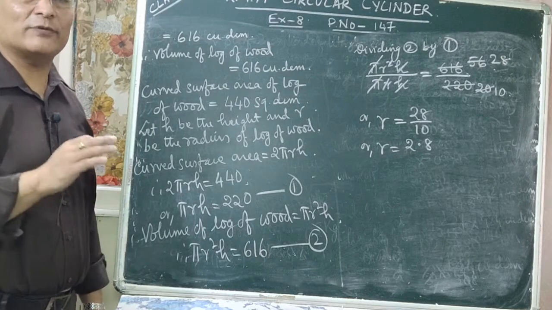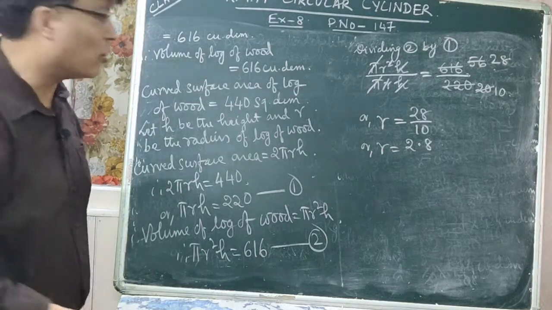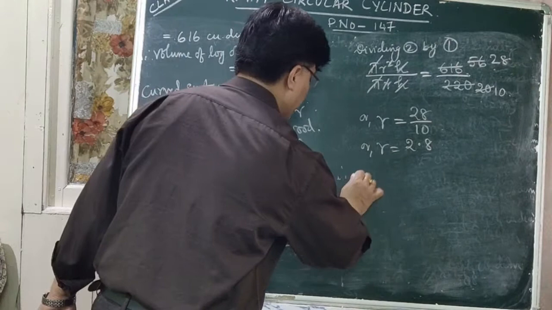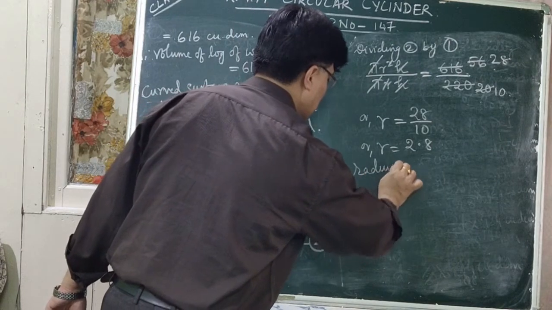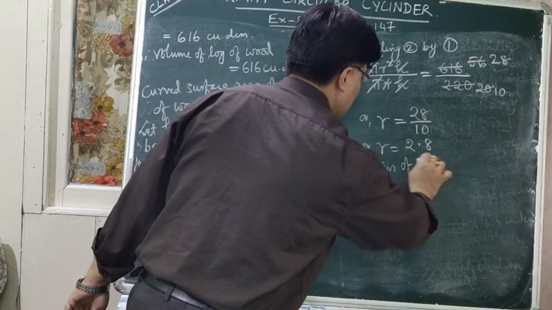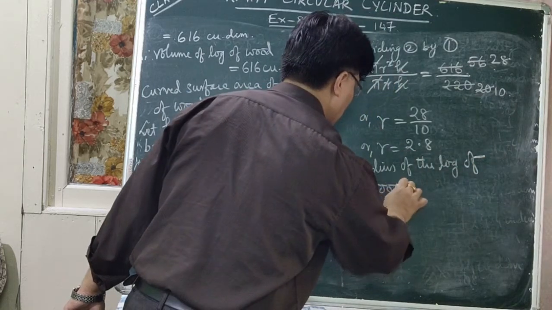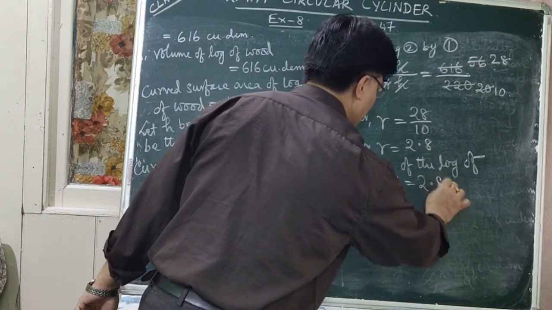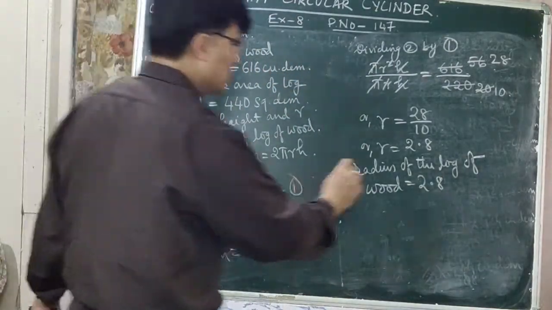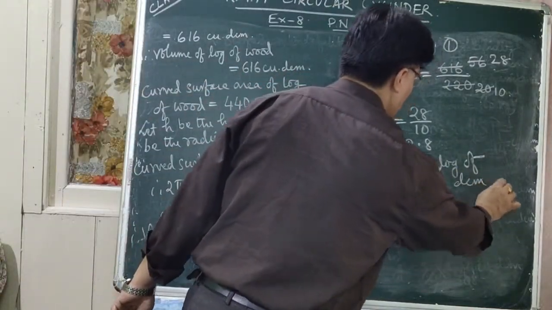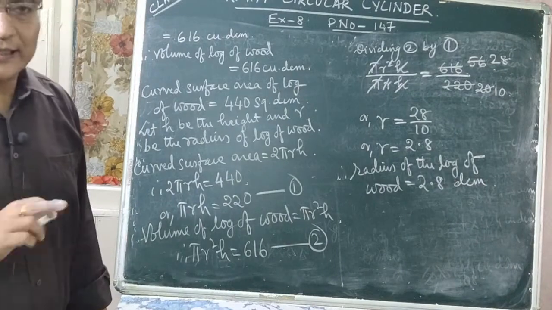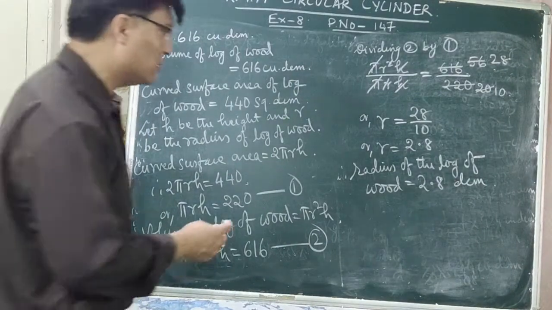But in this case you have to find out the length of the diameter of the log of wood. Therefore radius of the log of wood is equal to 2.8. What is the unit? It is decimeter. But this is the radius. But in this case you have to find out the diameter.